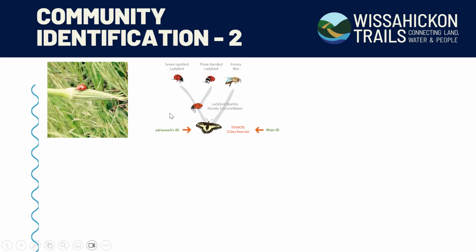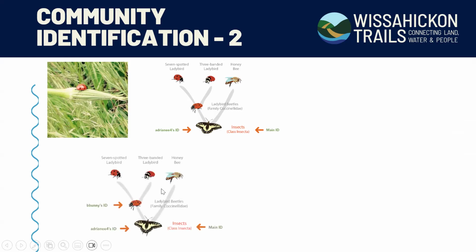So then Bee Bunny comes along and is like, well, yeah, it's an insect, but we can get more specific than that. And it's a ladybird beetle in this family. And so I'm going to pick that and make that suggestion. So on this observation page, it would look like my previous bird one, but that second thing would be Bee Bunny, and it would say ladybird beetles in this family.